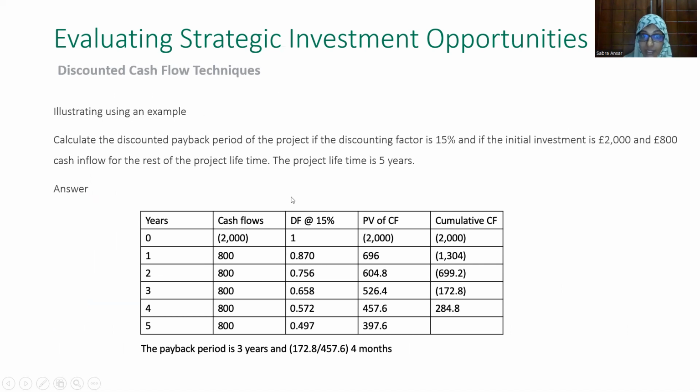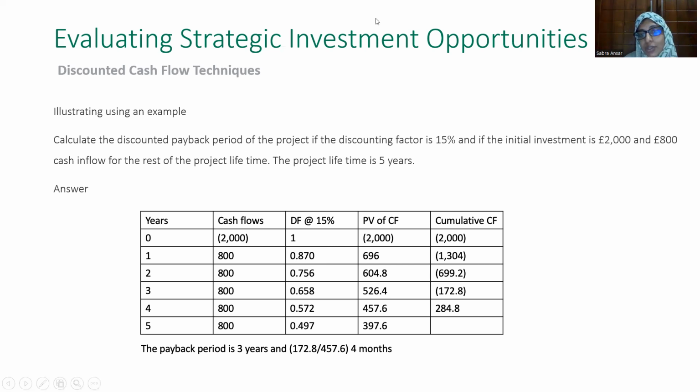We multiplied it by the discount factor in order to identify the present value of the cash flow. And for the discounted payback period, we did a cumulative cash flow, where we considered how much is remaining and how much is used.